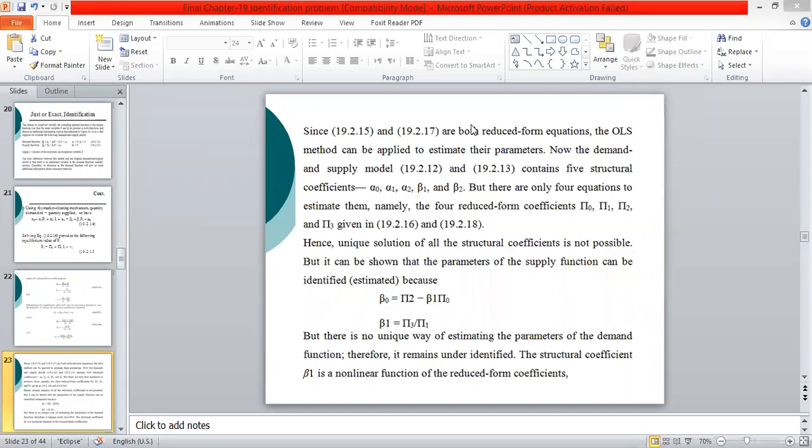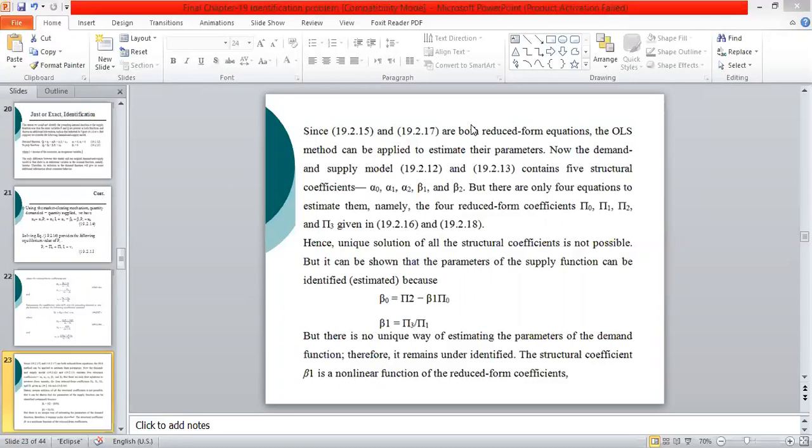But there are only 4 equations to estimate them, and these are the reduced form coefficients, that is pi naught, pi 1, pi 2, and pi 3.